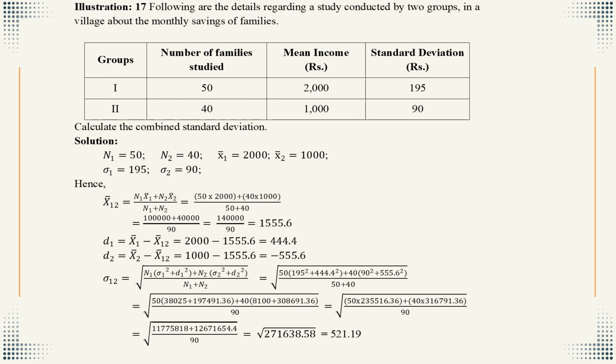That value seems to be 1555.6. d1 equals x bar 1 minus x bar 1,2, equal to 2000 minus 1555.6, equal to 444.4. d2 is x bar 2 minus x bar 1,2, equal to 1000 minus 1555.6, that is minus 555.6. Then the combined standard deviation should be calculated as given in the formula, and it gives the value of 521.19.